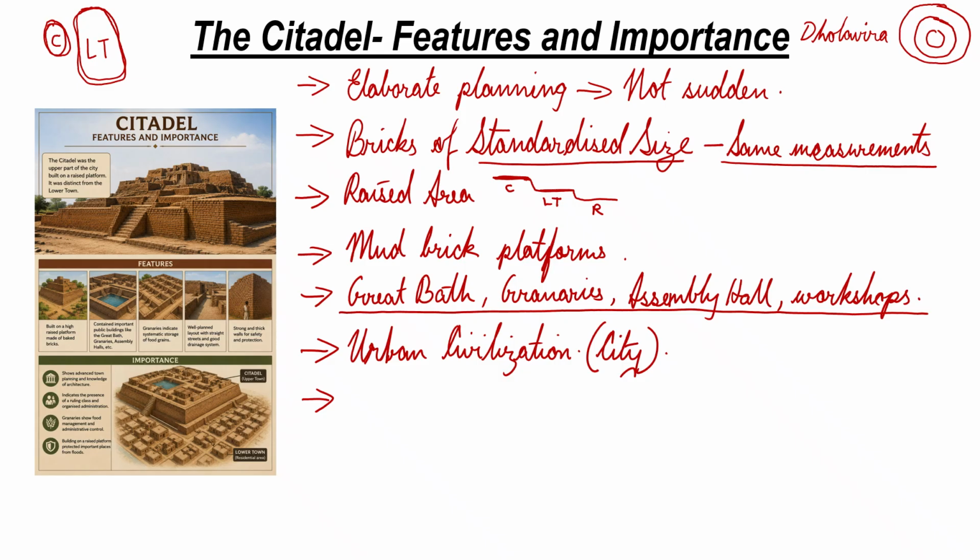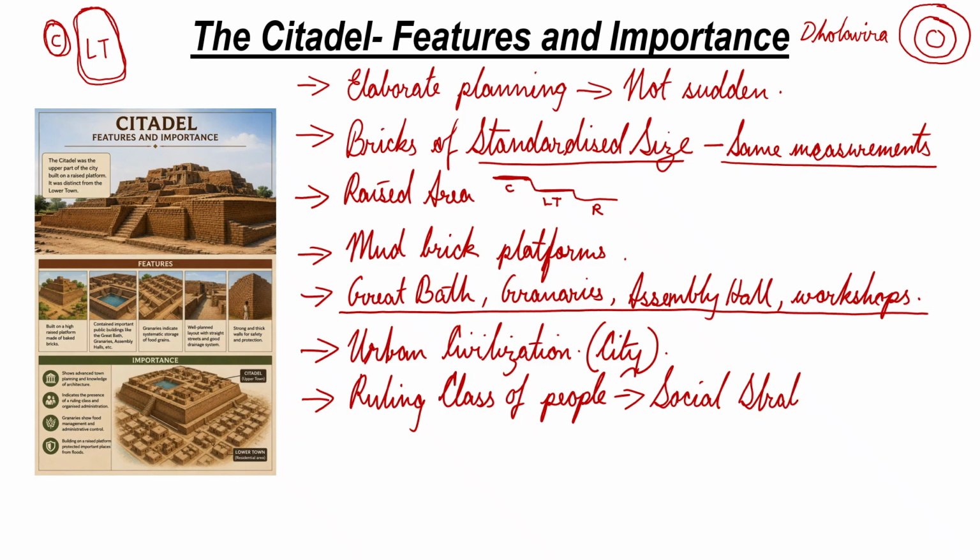And there was a ruling class of people. Now, what did this ruling class used to do? They probably used to collect taxes, and they were the administrative heads of the civilization. From this ruling class of people, we can understand that there was a social stratification.